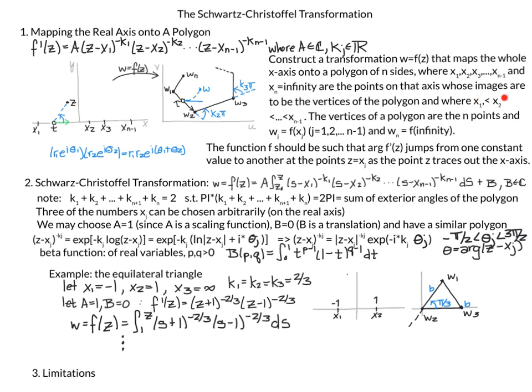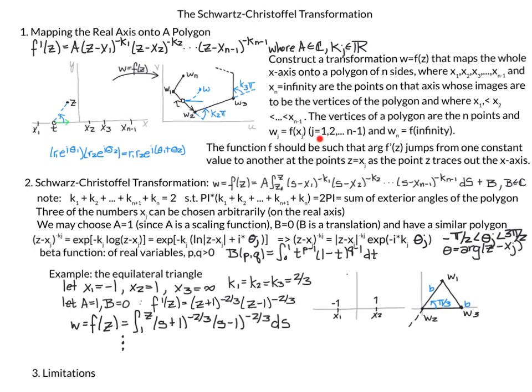Also, we write these x1, x2 in increasing order from left to right. The vertices of the polygon are then the endpoints f of x1, x2, up to xn, or wj is equal to f of xj, where j is 1 up to n minus 1, and wn is equal to f of infinity.